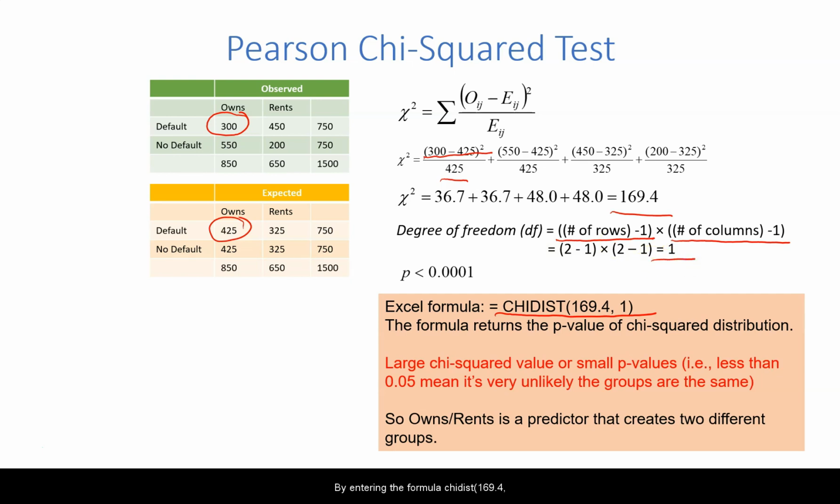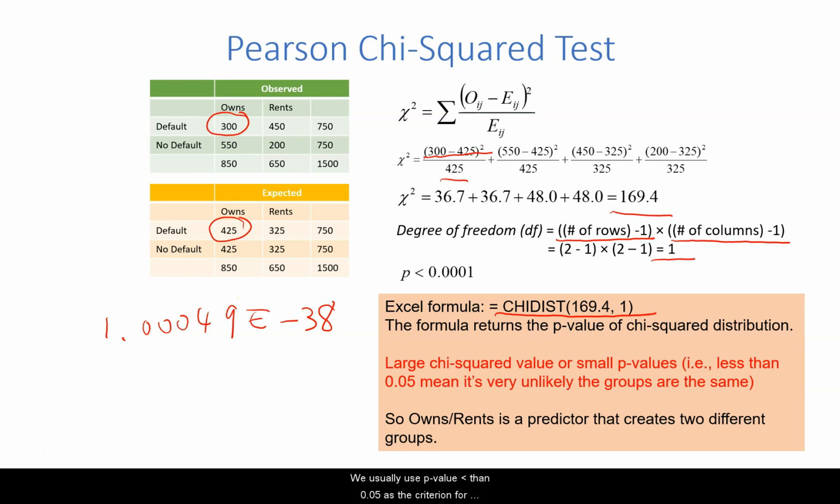By entering the formula with 169.4, 1 in Excel, it returns the p-value for the chi-square test. In this case, the p-value returned is a very small number. It is 1.00049e-38.